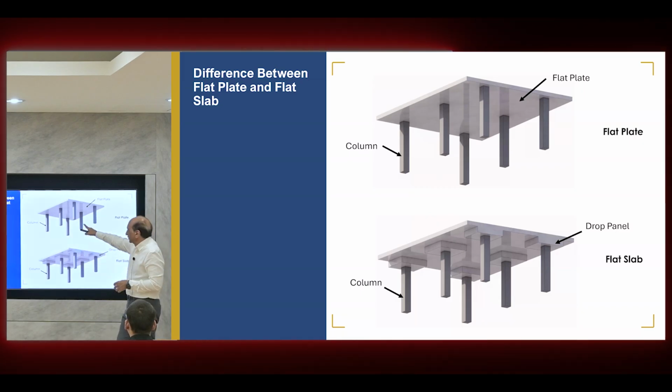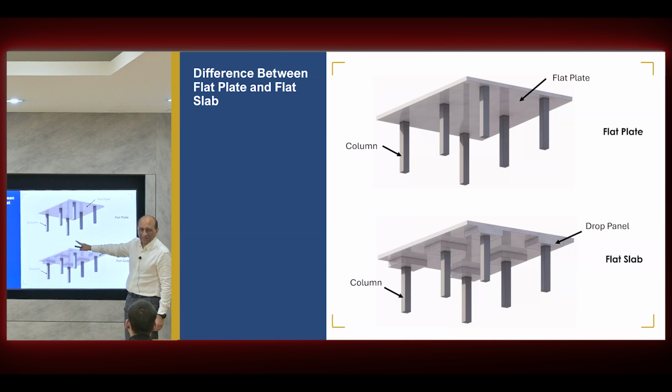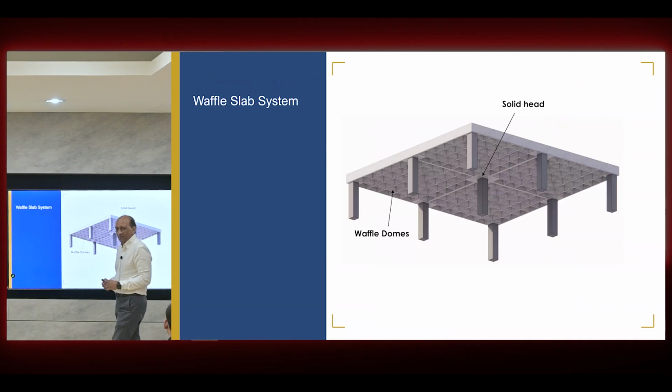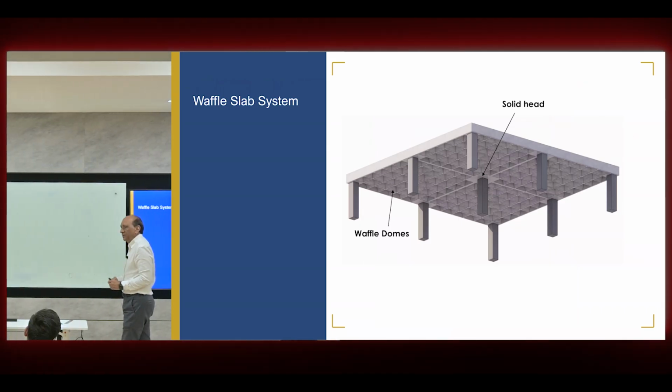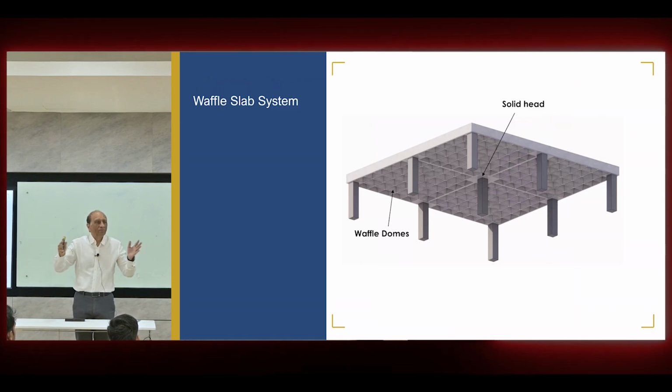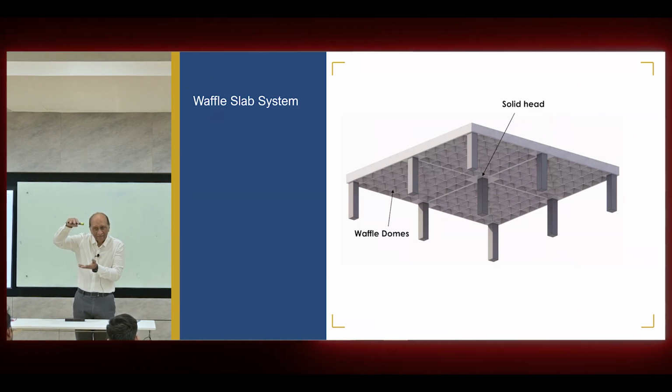From beams, people jumped to this one, and when problems arose, they jumped to this one. And then they said, okay, why don't we do this one, right? Waffle slab, a very popular system for a while, because now you have a very thin slab and very thin voids, and you can go much longer because your depth is large, weight is very less, and you have distributed material everywhere.